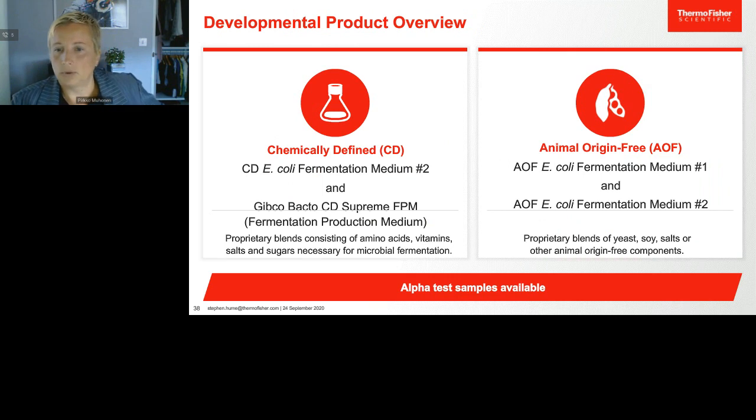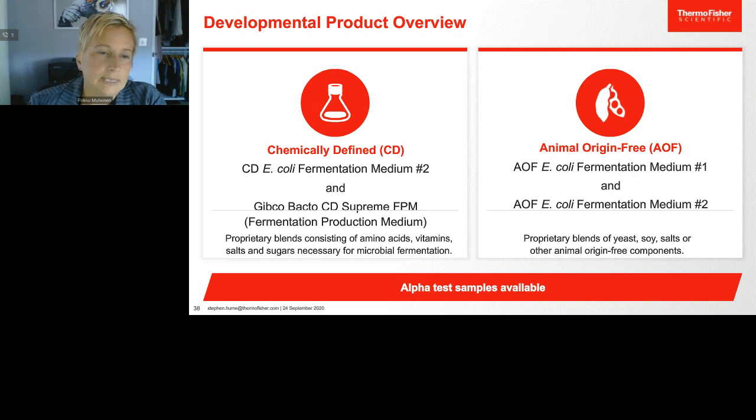So in addition to our wide peptone collection, we have been developing two types of E. coli media prototypes. These are now available for alpha testing. Both prototypes, animal origin-free and chemically defined media, are easy to use. They are one-part dry powder media.